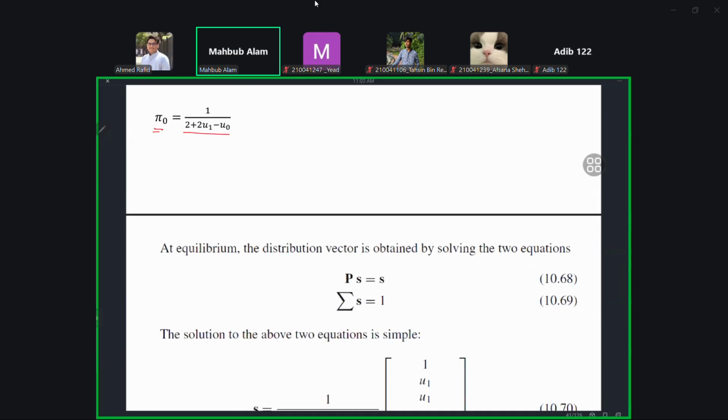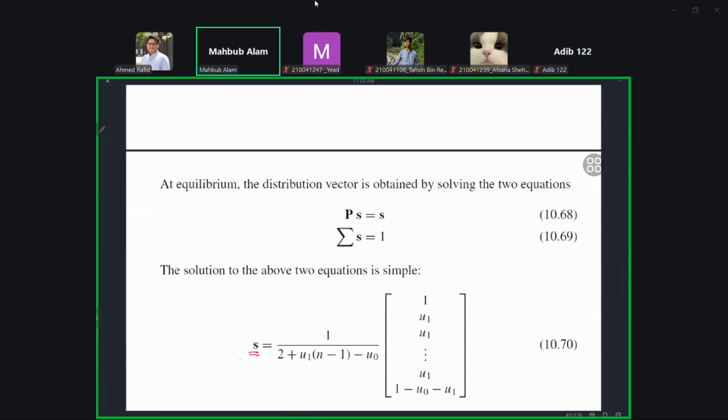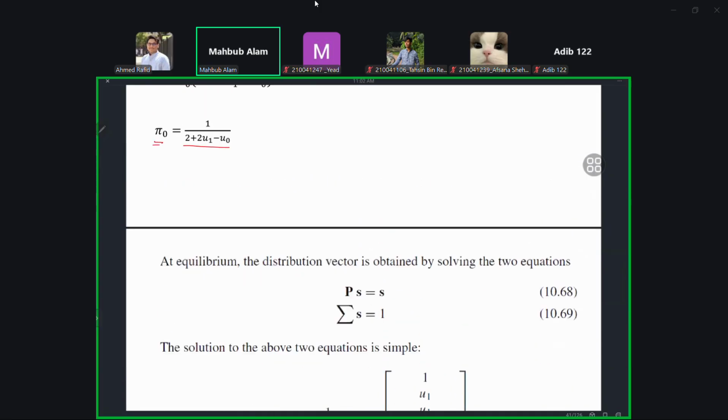They did not show the solution, what it actually represents. The steady state solution, instead, they have represented as a vector, and these two are related.